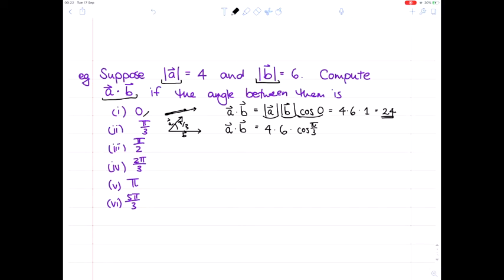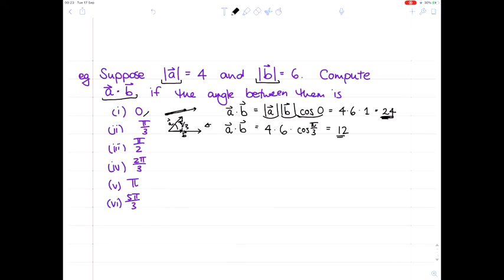And if you check, cos of pi over 3 is a half, so this is going to give us 12. So this is saying, if we think about our vectors A and B, then A is going some of the direction, in some of the direction of B, but it's also pointing away from B somewhat. So notice we've got 12, which is quite a lot smaller than 24.